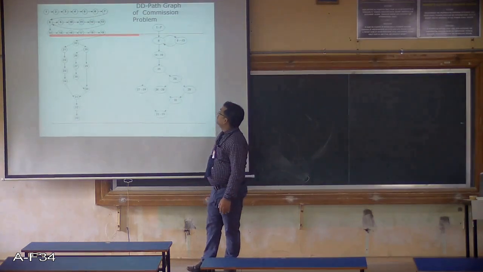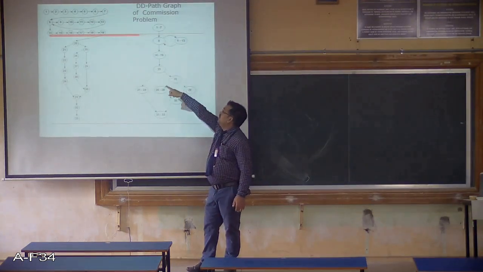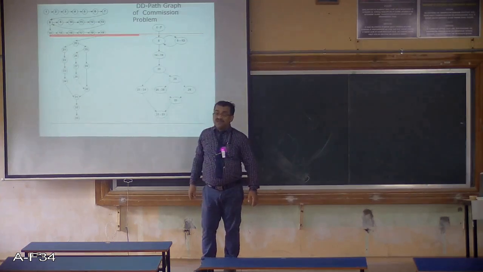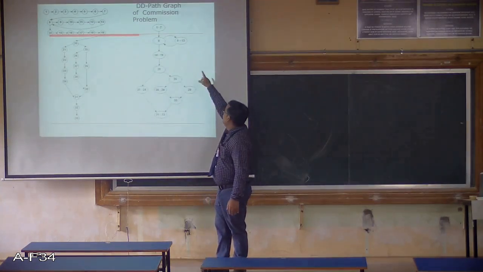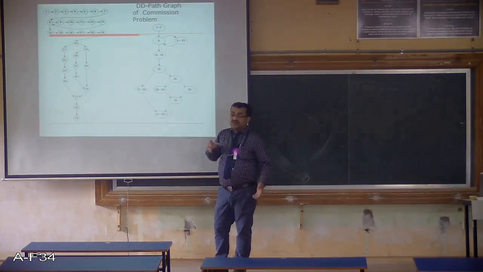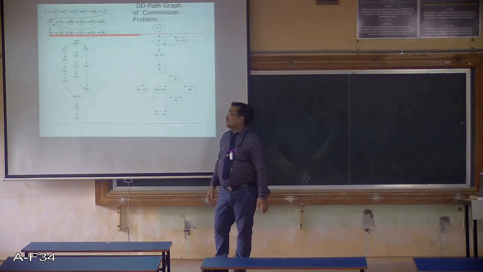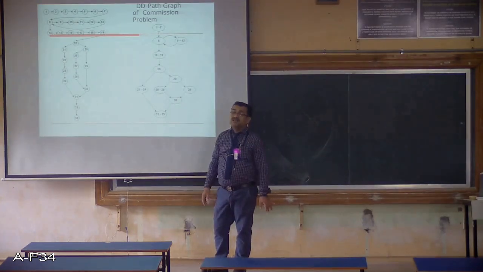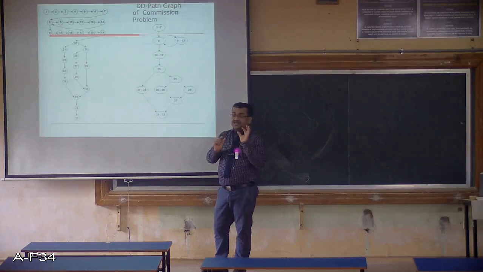So you see that graph can be compressed into this particular graph, which becomes the DDpath graph. It becomes a simpler graph compared to that graph. The number of nodes gets drastically reduced. It only indicates the flow from one DDpath to another DDpath.